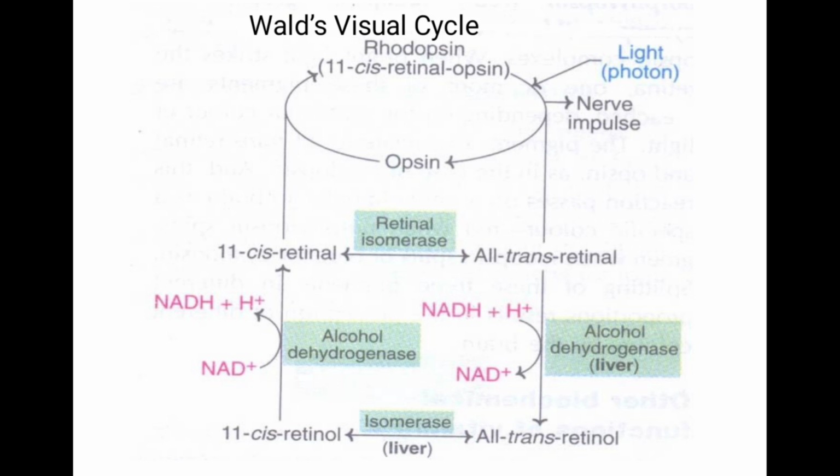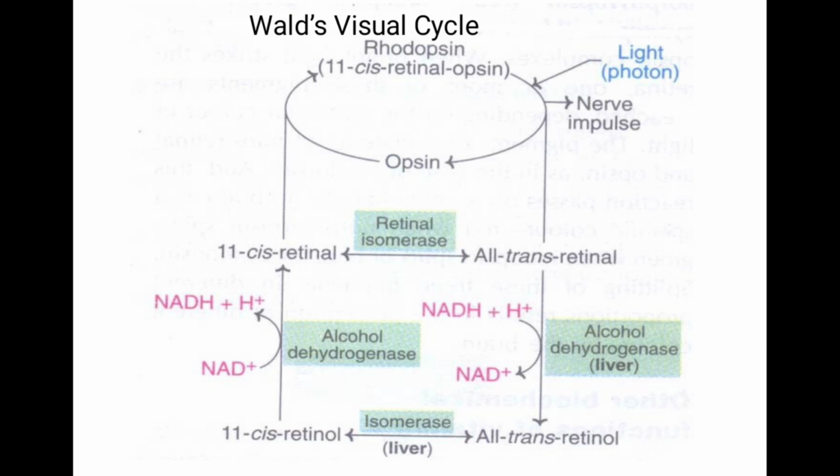This process leads to conformational changes in opsin, which triggers a nerve impulse. This nerve impulse is transmitted by the optic nerve to the visual center of the brain. This is how the process works. So that is one: from rhodopsin to opsin, there is generation of a nerve impulse. Much more we will see next class.